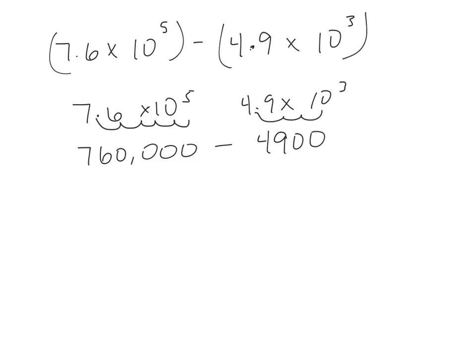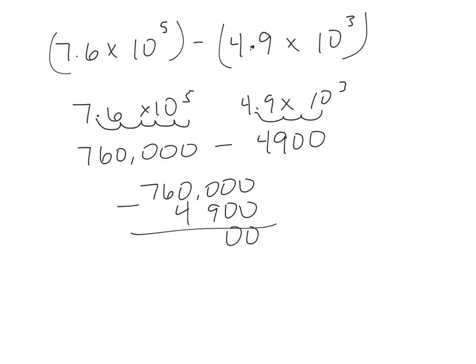So, I take 760,000. I subtract 4,900. And I get 755,100.